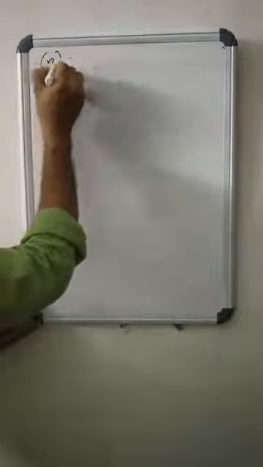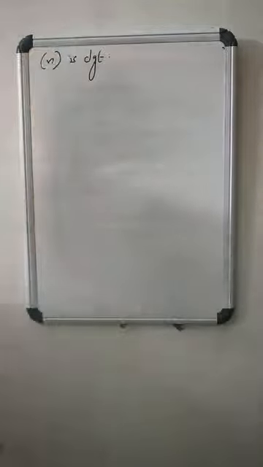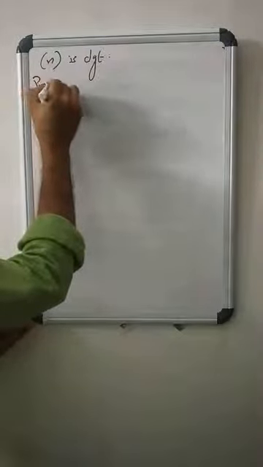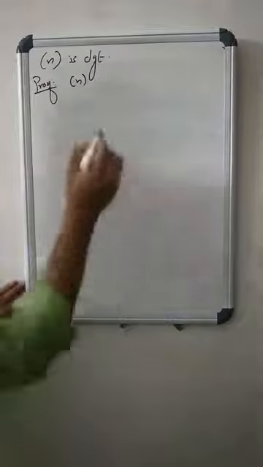First we prove that the sequence n is divergent. What is divergent? A sequence which cannot converge. How to prove the sequence n is divergent? The proof is done in this way. If possible, suppose the sequence n converges.